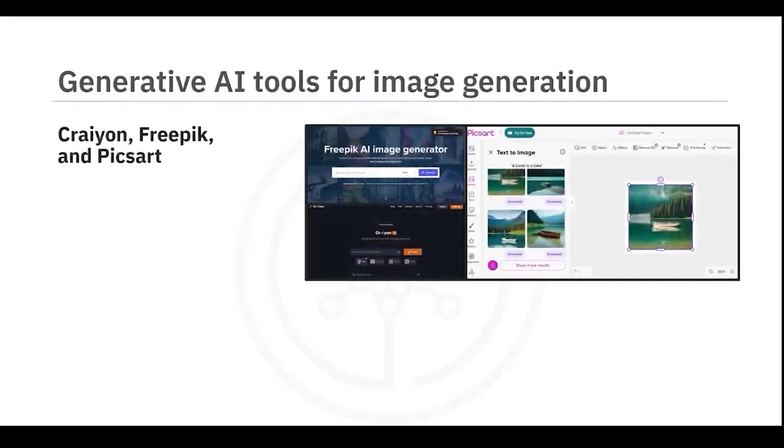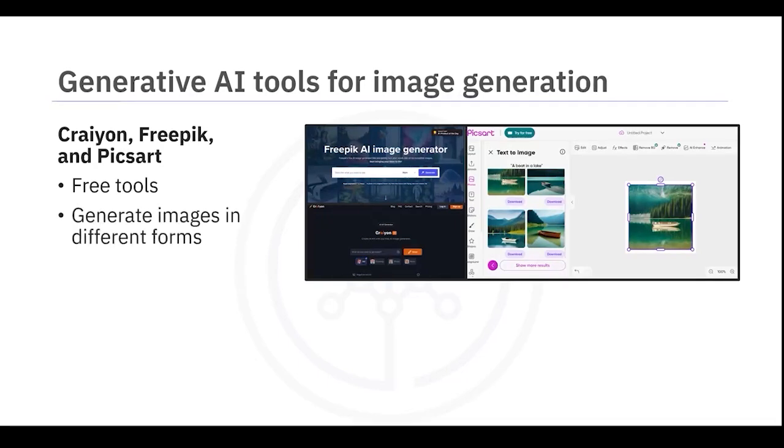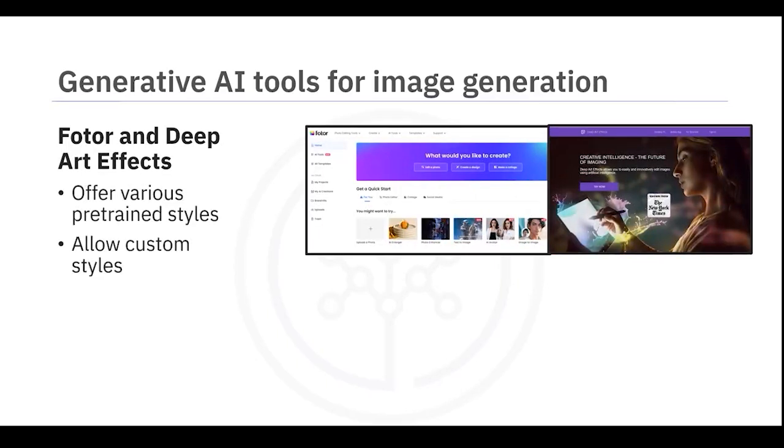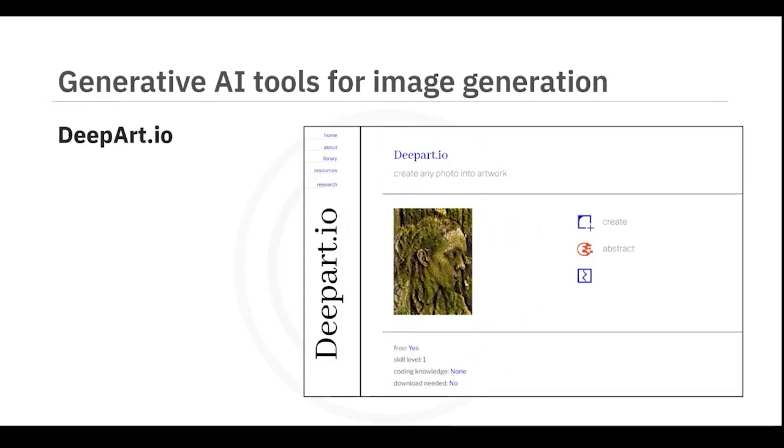You can explore generative AI's text-to-image generation capabilities using free tools like Craiyon, FreePic, and PixArt. These tools can generate images in different forms and styles. Photor and DeepArt effects offer a variety of pre-trained styles, allowing you to create your own custom styles. DeepArt.io is an online platform that turns photos into artwork of different styles.